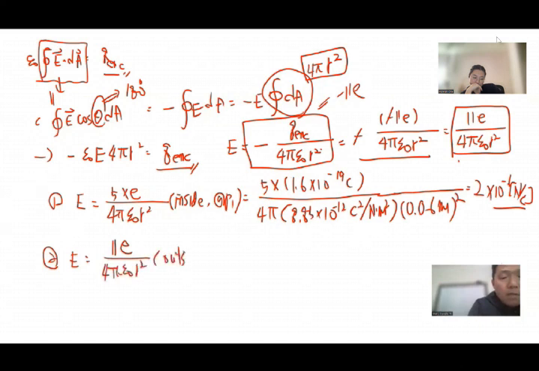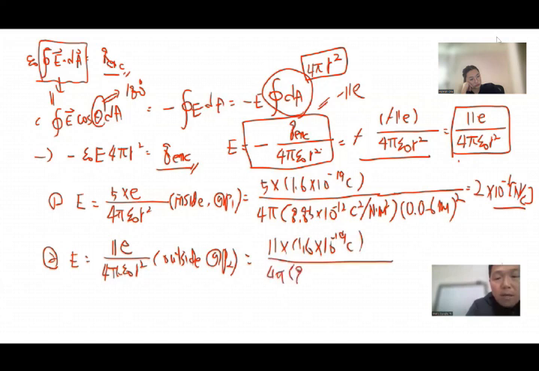This is outside the shell at P2. Plug that in: 11 times 1.6 times 10 to the minus 19 coulomb, divided by 4 pi, 8.85 times 10 to the minus 12 coulomb squared per newton per meter squared, divided by the distance, since point 2 is 12 centimeters from the center of the sphere, so that is 0.12 meter, squared.